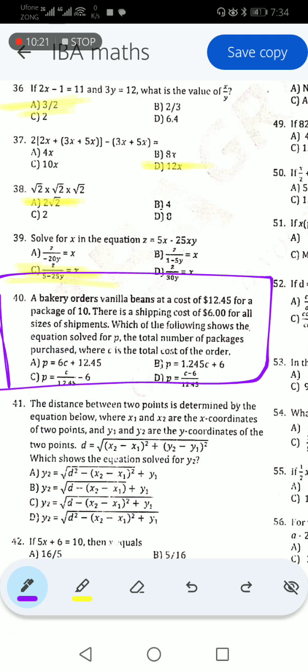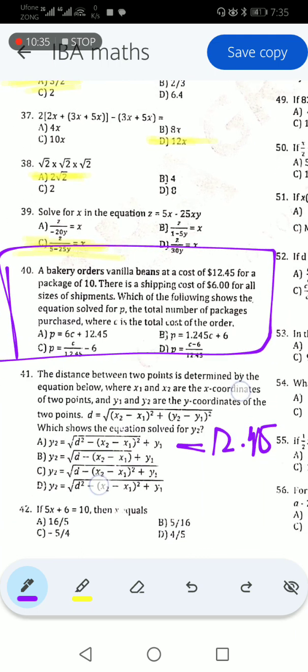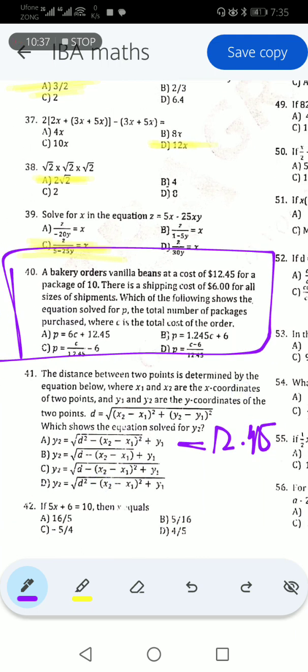Now here, that probably means our first data is that the cost is $12.45. There is a shipping cost, that is $6. Shipping cost $6. After that, which of the following shows the equation for the total number of packages purchased, where C is the total cost.